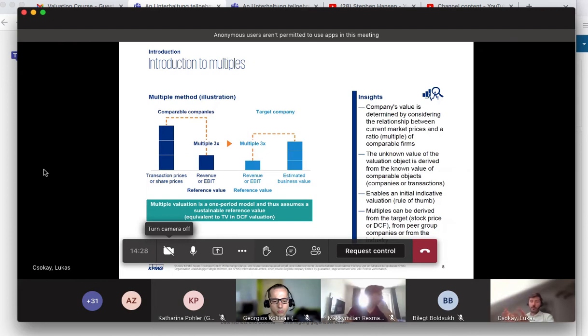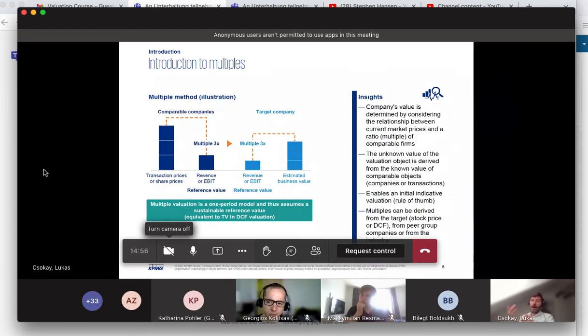and then you have a reference value, which is, for example, a revenue or EBIT, and then a multiple is basically a relation between those two. So you say, for example, if I have sales of 1 million and a market value of 3 million, then the multiple is 3, the EV sales multiple. So it's just a relation between two different reference values.